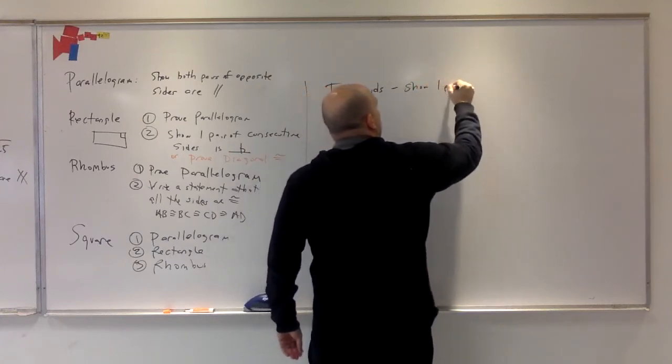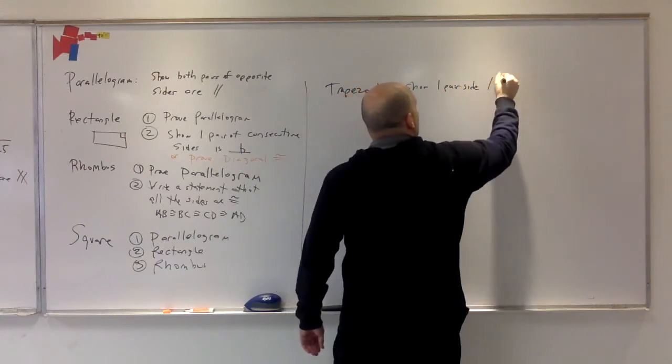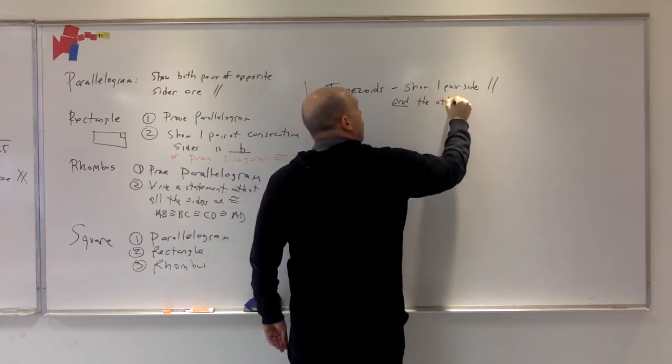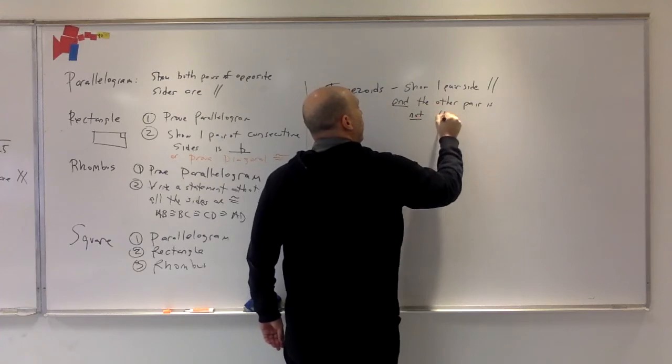Show one pair of sides is parallel and the other pair is not parallel.